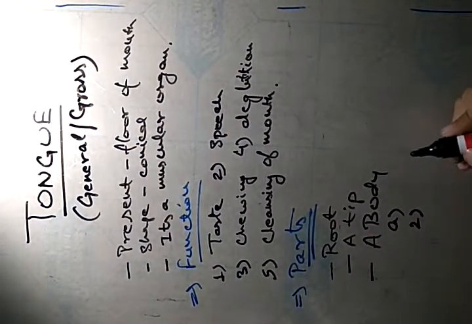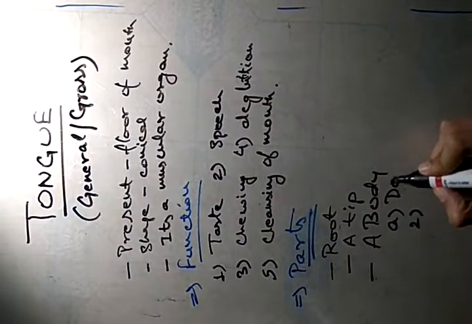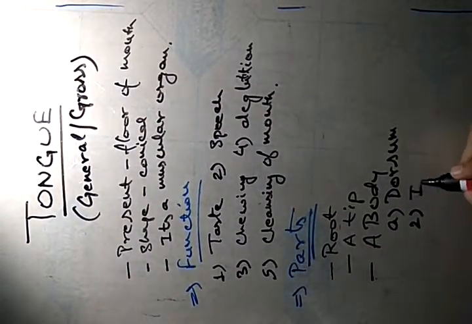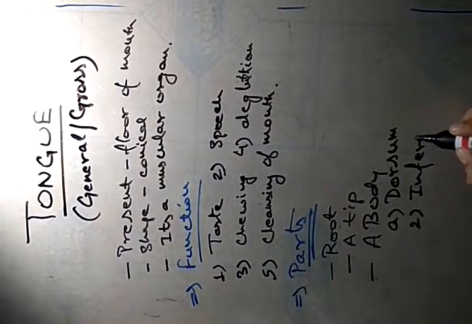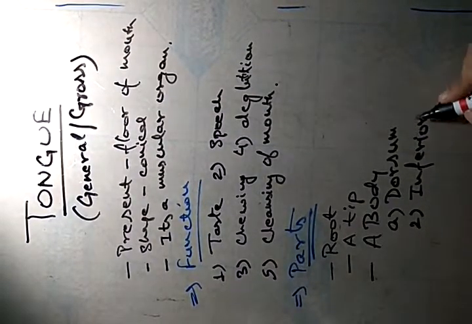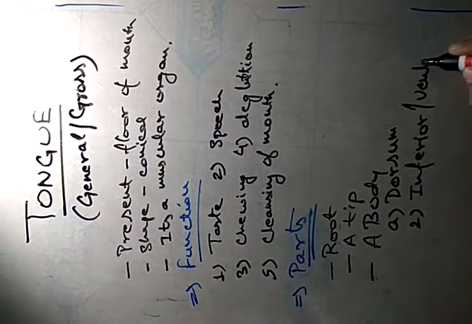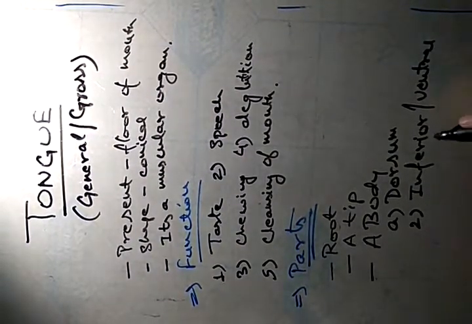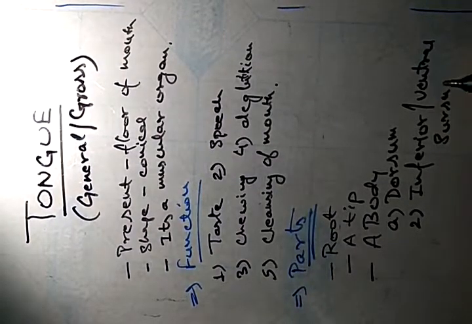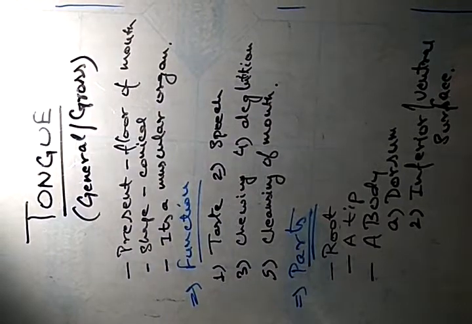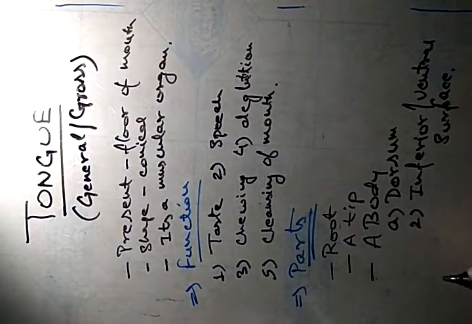One is upper surface or dorsum, and the second one is the inferior surface or ventral surface. Okay, then it has a base.